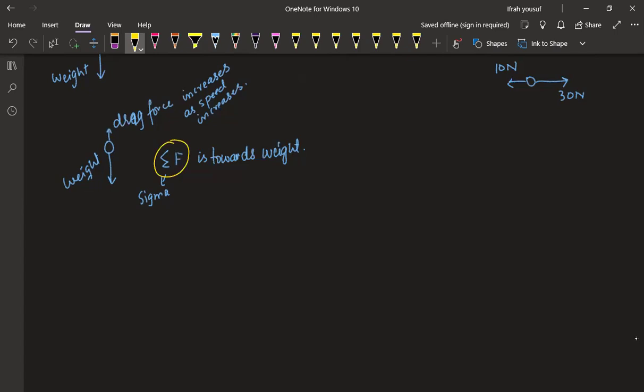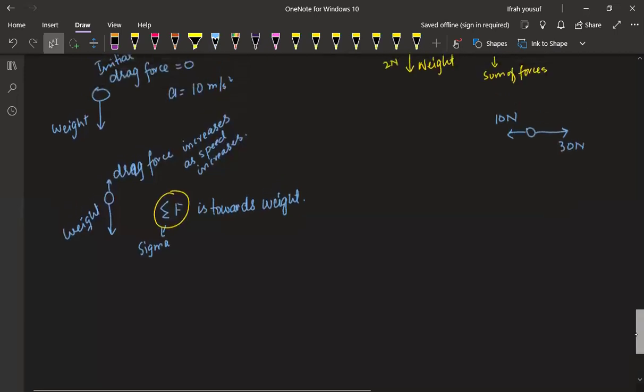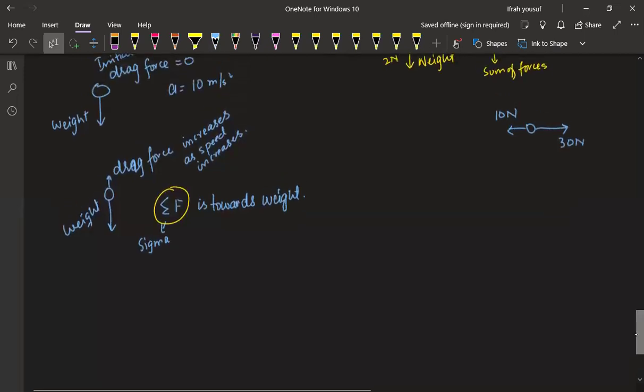So acceleration, so over here, what are we finding? That speed increases and drag force increases. So as drag force increases, the weight has somehow become decreased from the initial step. So this is your first step. This is your second step.